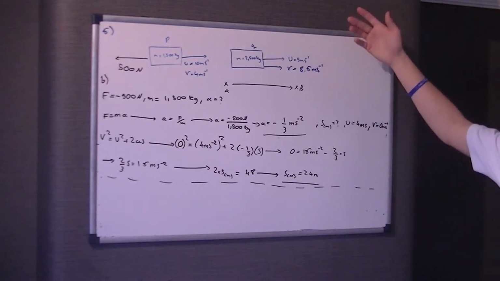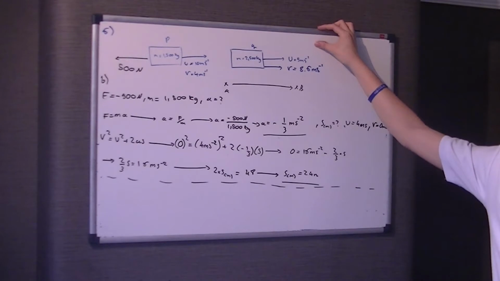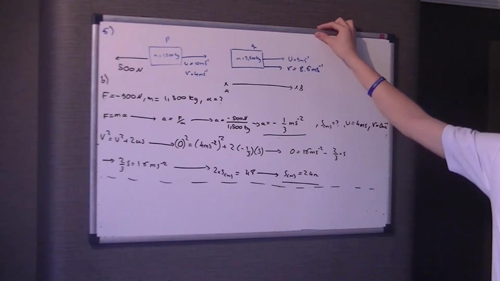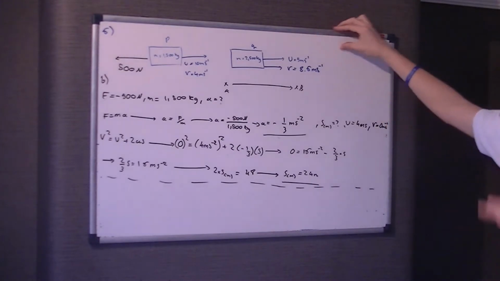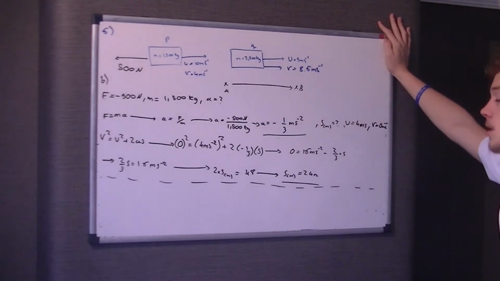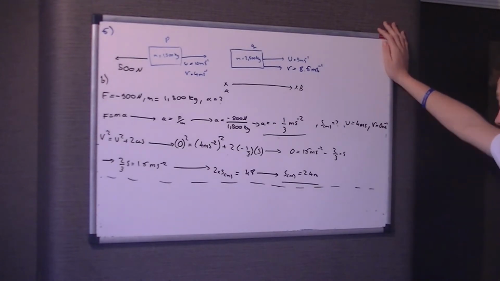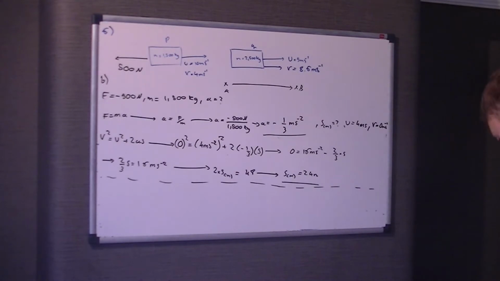So in this case, we've applied the same thing. The final speed of the first part after the collision is 8.6 meters per second, and then the final speed of the second part, we are told, is also 8.6 meters per second.